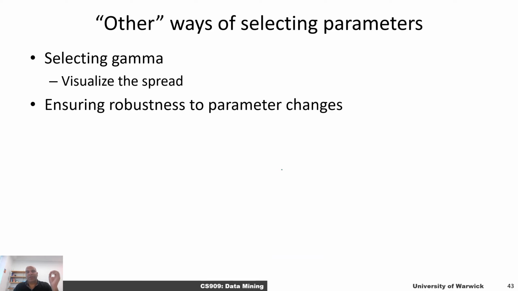But one thing to ensure is that the choice of the hyperparameters is robust. And what that means is that if I change the hyperparameters slightly, it doesn't change the performance of the classifier by a large amount.